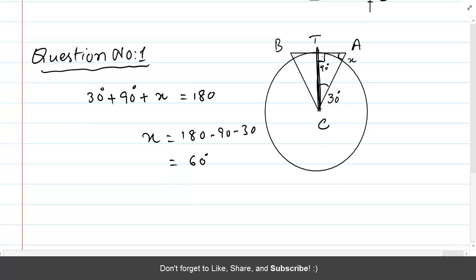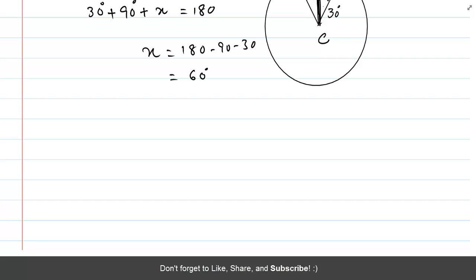Now let's do another question in which, with the help of this property, we can apply the Pythagoras theorem, because the Pythagoras theorem only applies to right angle triangles, I mean the triangles which make a 90 degree angle. So let's have another circle here.